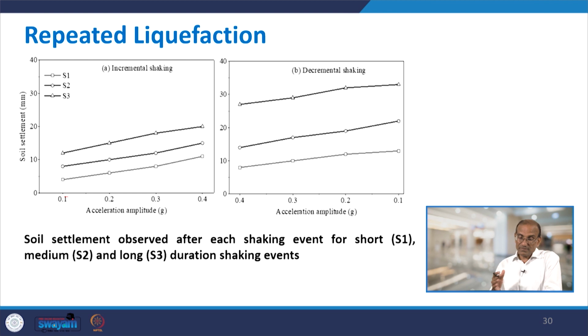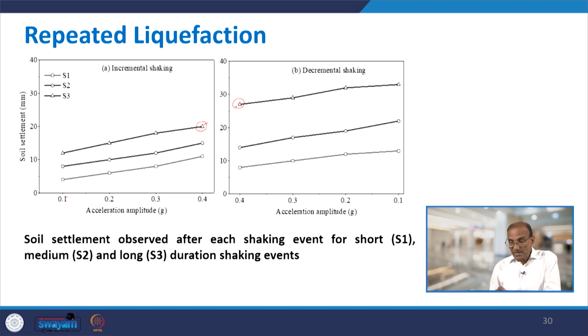But in case of decremental shaking, when you start your shaking from 0.4 g, first of all the value of settlement at 0.4 g is quite high compared to the end value of this one. So, even if you compare this 0.4 g and 0.4 g, there is a large difference. That means decremental shaking will give the large settlement for the same value of amplitude.